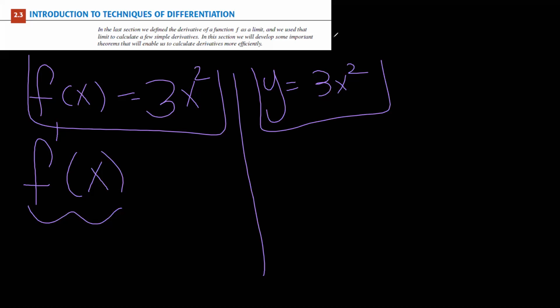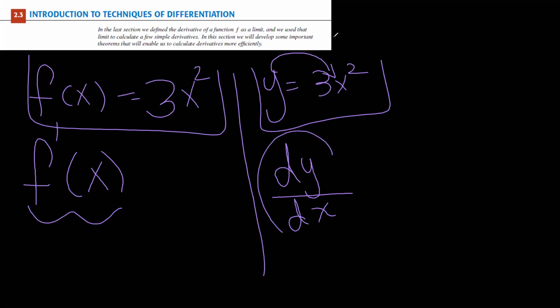So if it is f of x, the derivative of it is f prime of x. If it is written like y equal 3x squared, I will say dy over dx, that means the derivative of y with respect to x.